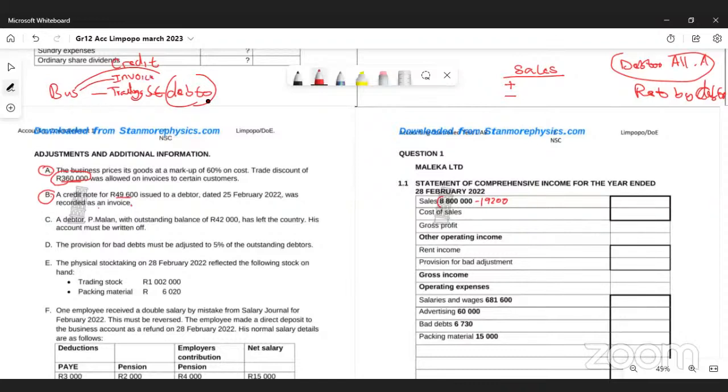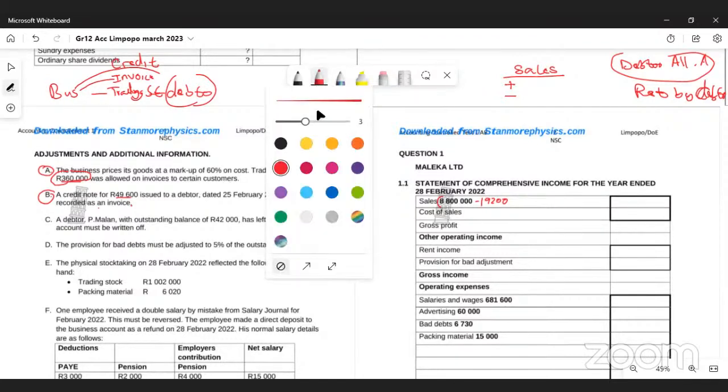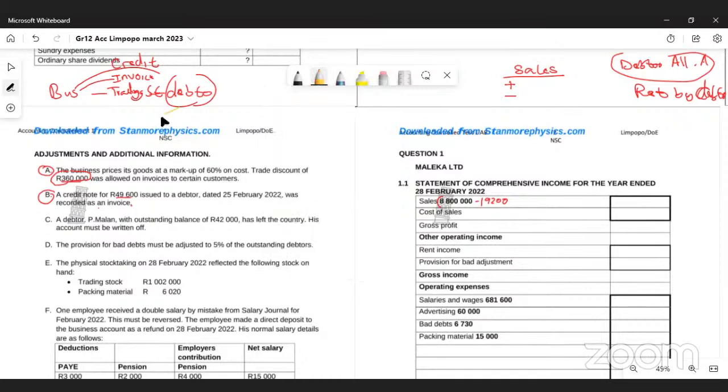Now, what happens if the customer decides to return the stock? The business again will have to issue another source document, which is called a credit note.